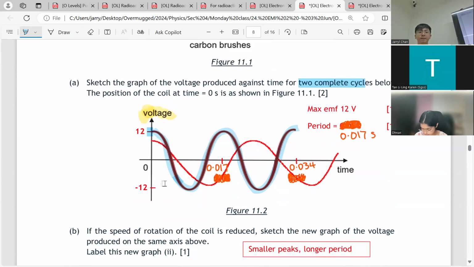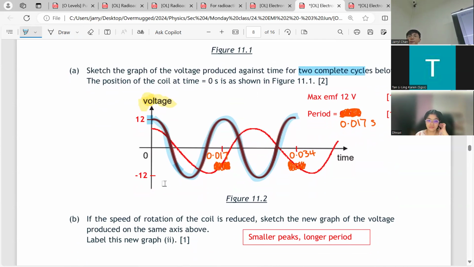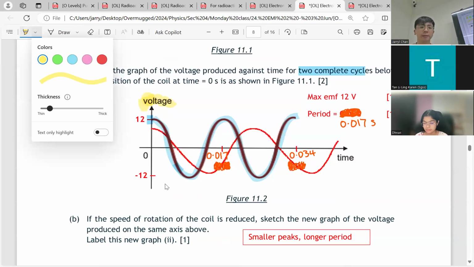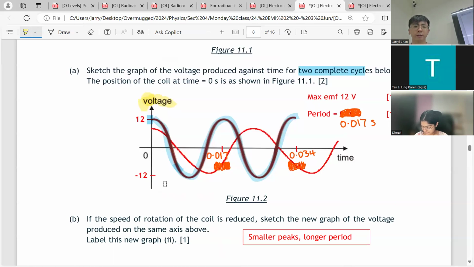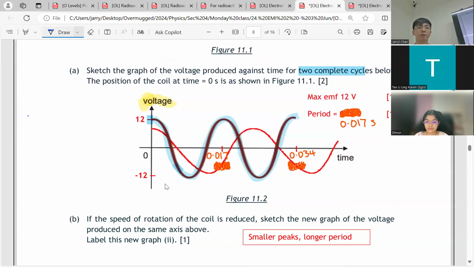Next, speed of rotation reduced. I didn't say divide by 2, but if you really go and halve it, it's fine, because it's still reduced. The reduced one will be in, let me put in like yellow color here, or rather just look at the red line. What does it show? The EMF, the peak voltage has dropped. What else dropped?